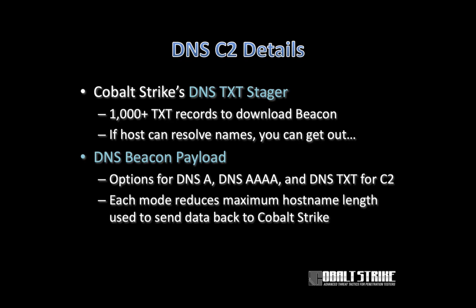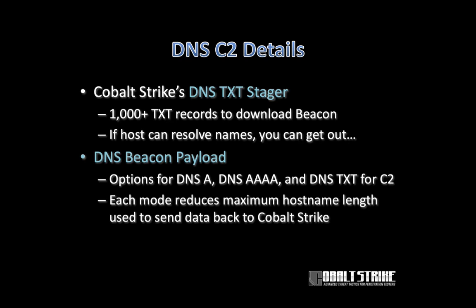And as for the DNS Beacon payload, there are options for DNS A, AAAA, and TXT records for C2. We talked about that in part 2 already. I just want to remind you that each mode reduces the maximum hostname length.